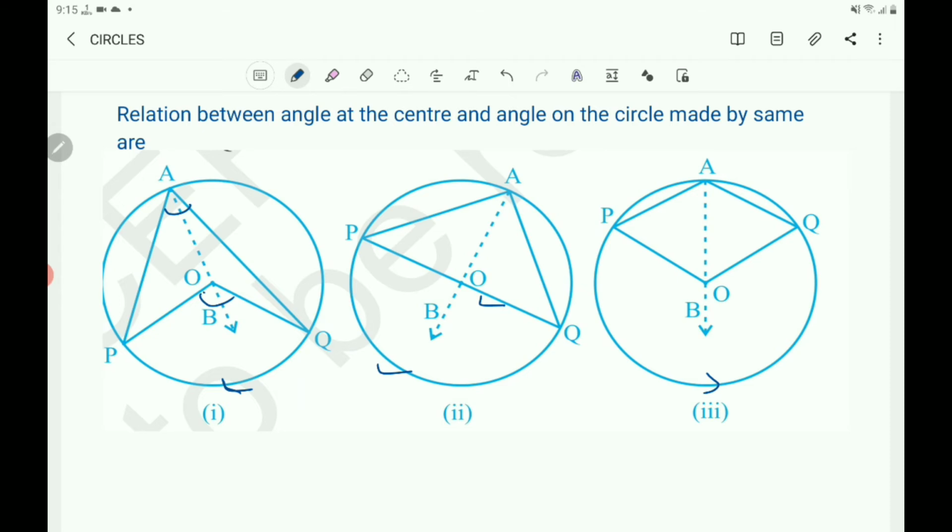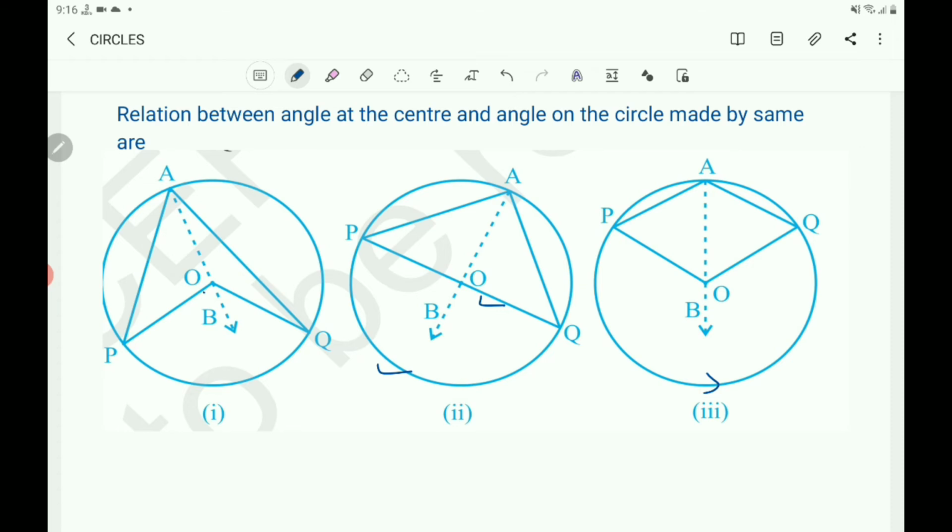And in this case also, this angle is half of this angle. Angle A is half of angle POQ. Here also angle A is half of angle POQ. Here also angle A is half of reflex angle POQ. You can do the construction and draw the circle and also draw the angle at the center and the angle at a point on the other part of the circle.